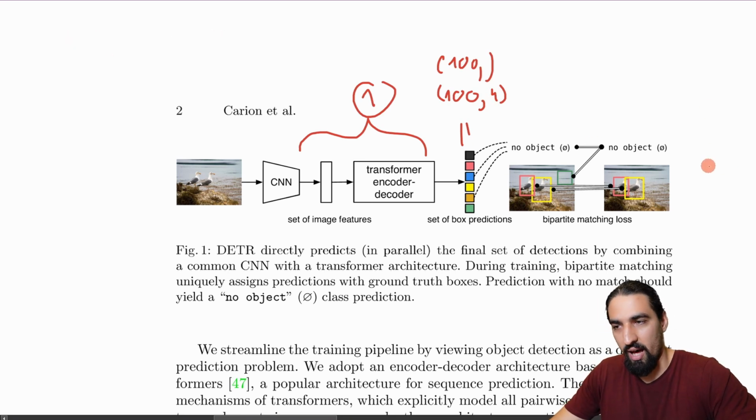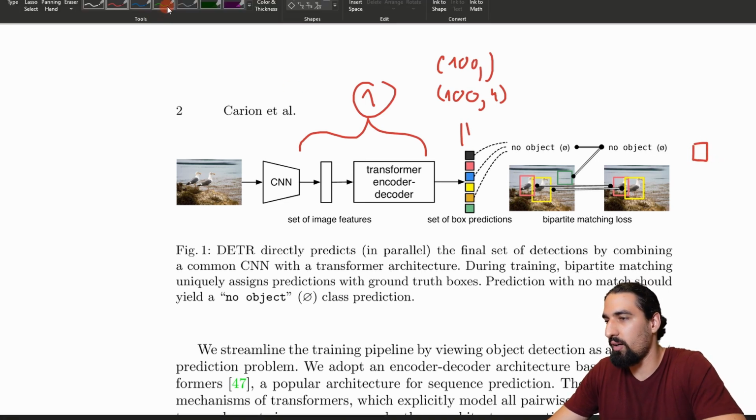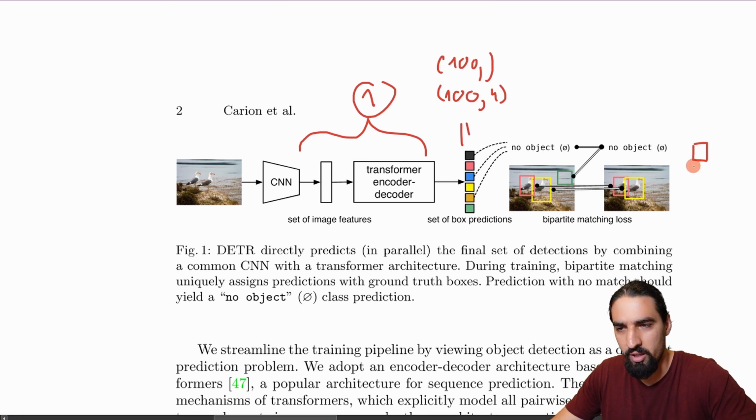Now, as I said, the hard part will be how do we match these outputs with the correct ground truth bounding boxes. Imagine we have this red bounding box represented as this red square, and consider we have another one in green because I don't have yellow at my disposal.